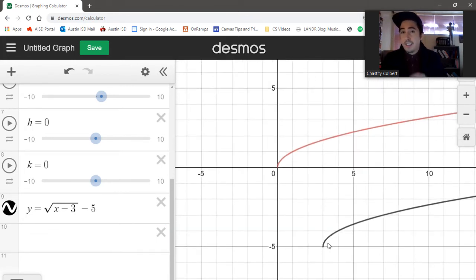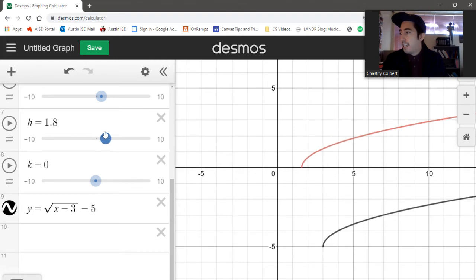The black one is our inverse function here. So the transformation is it moved 3 in the positive direction, and it moved 5 down. You can see it moving from the parent function. It goes 3 in the positive direction, and then it goes 5 down.